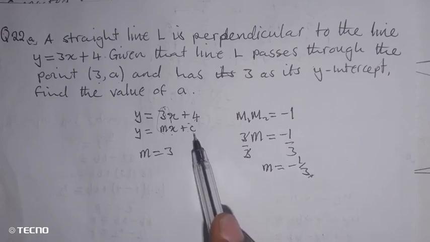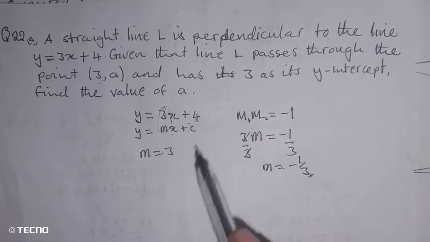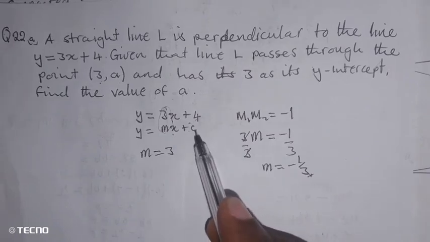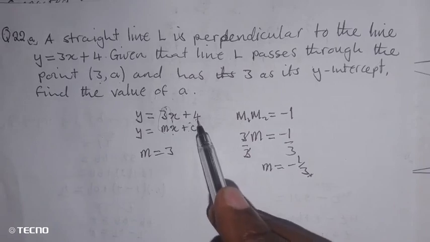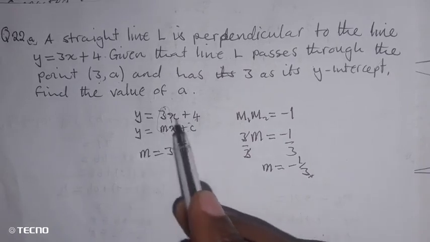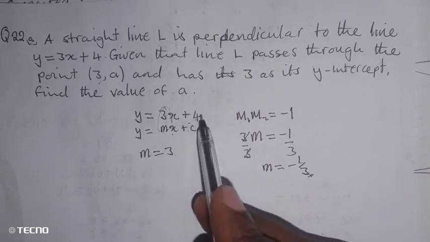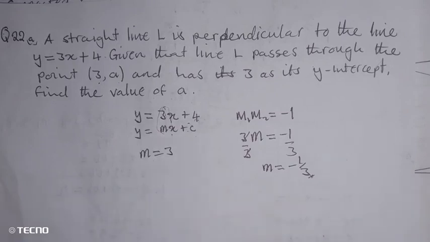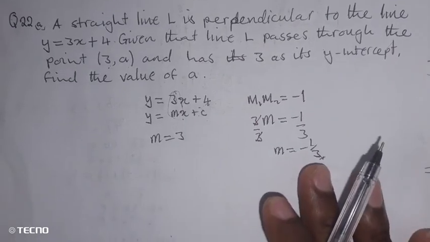Where there is c, we write 3, which is the intercept. And this 4 is the y-intercept of the other line, the point where the line cuts the y-axis. That is what we call intercept.